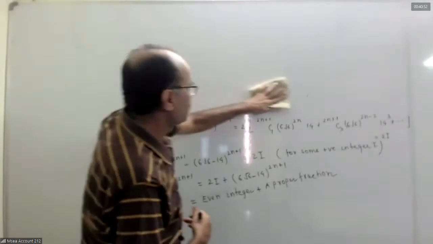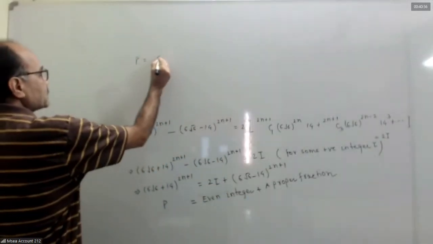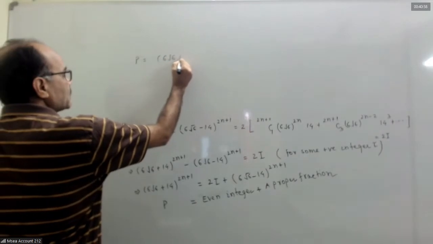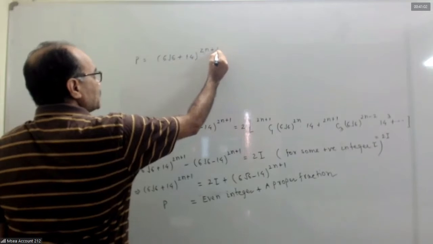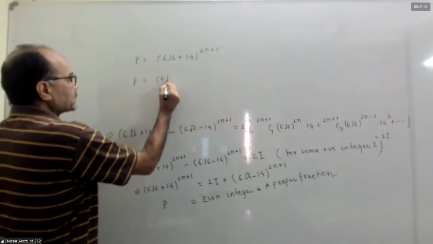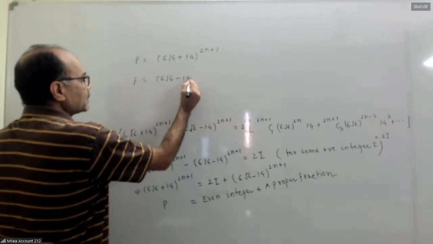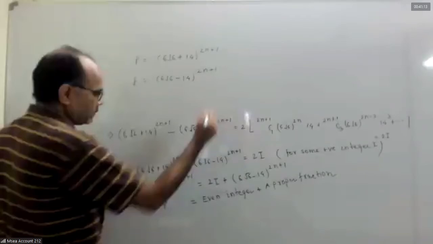Now we have P equals 6 root 6 plus 14 to the power 2n plus 1. F equals 6 root 6 minus 14 to the power 2n plus 1. We have proved this.